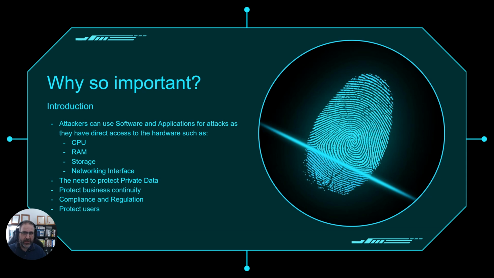For example, if the coding is not secure, there could be something like a buffer overflow, which we'll talk about later, which can cause our system to shut down, and our business won't be able to operate. It will stop our whole system from working, or it will shut the operating system down, depending on how severe it is.